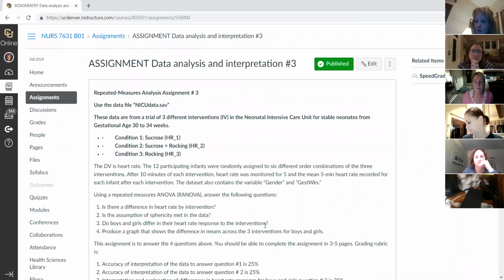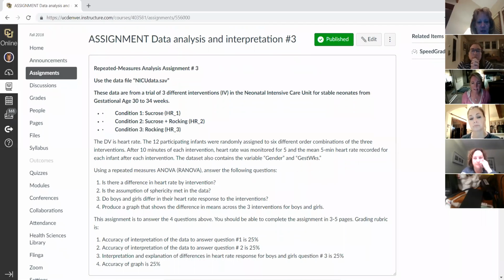Okay. So you're going to need to sort of repeat what you did last time, as far as describing what the descriptive statistics tell you, what the repeated measures ANOVA tells you, and then the graph. Oh, and for number 3, you add the boys and girls, the gender piece.